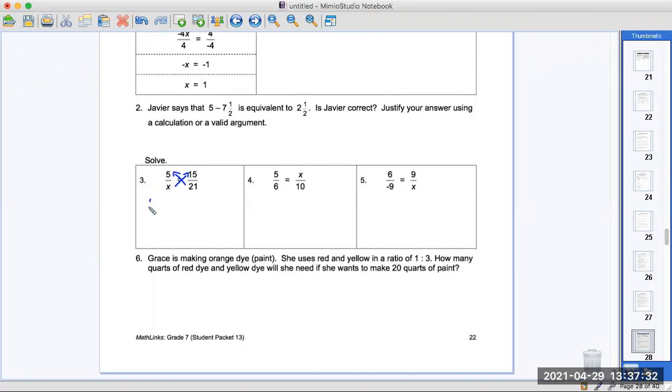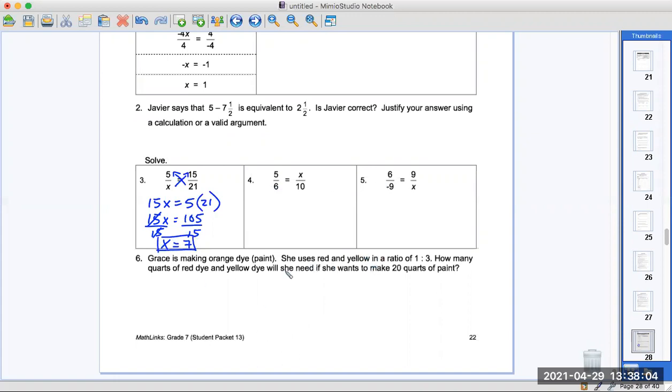X times 15 is 15x equals 5 times 21. 5 times 21, you have to multiply that. It's 105, I believe. And then you divide by 15. 105 divided by 15 is 7. So that's how these work.